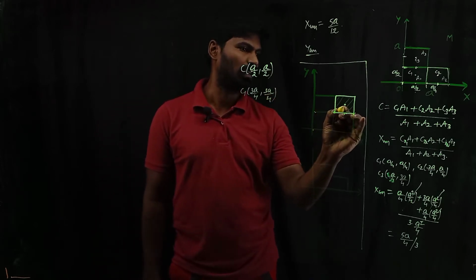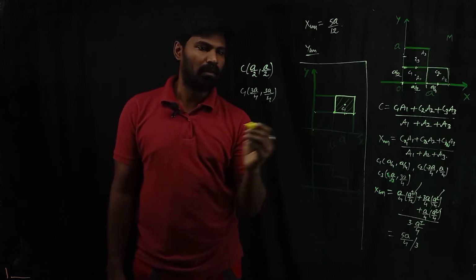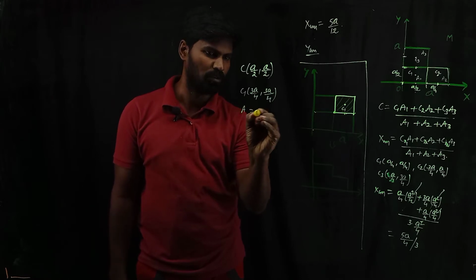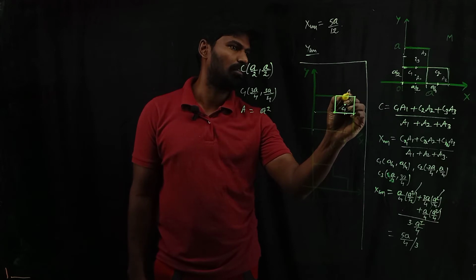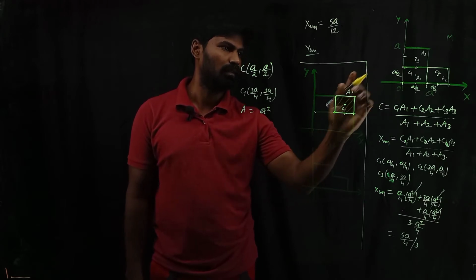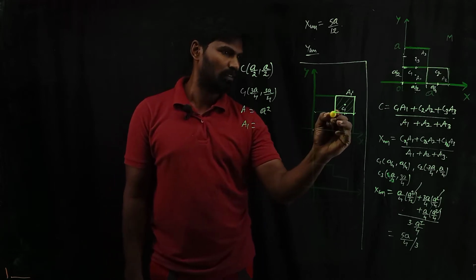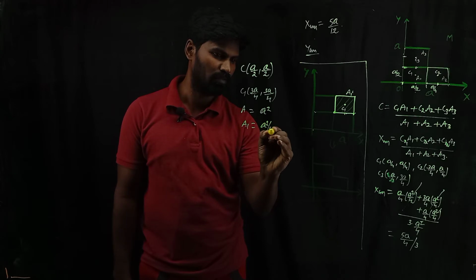C1 is the center of mass of the portion which I am going to remove. Okay, and the area of this total plate, that is A, is equal to how much you will be getting? A square only. And the area of this portion which I am removing, that I am calling A1. Area A1 is equal to what you are going to get? So the distance from here to here is a by 2. A by 2 into a by 2 is how much? A square divided by 4.